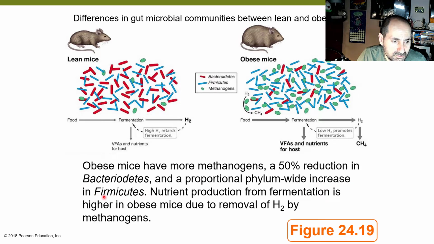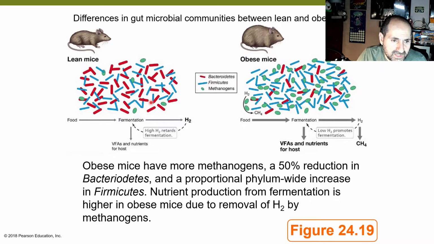Remember that obese mice had more firmicutes. And nutrient production from fermentation is higher in obese mice due to removal of hydrogen gas by methanogens. So remember, obese mice, more firmicutes; lean mice, fewer firmicutes, more bacteroidetes.